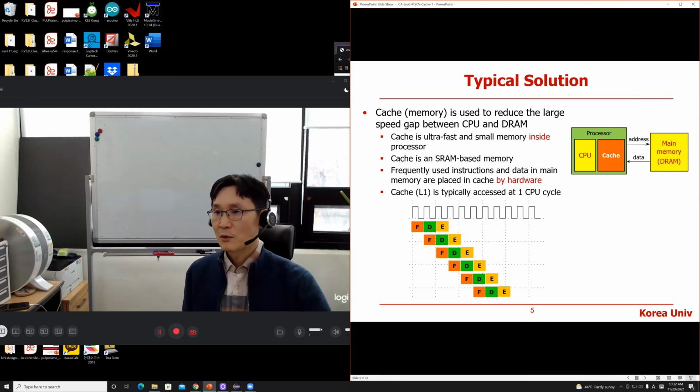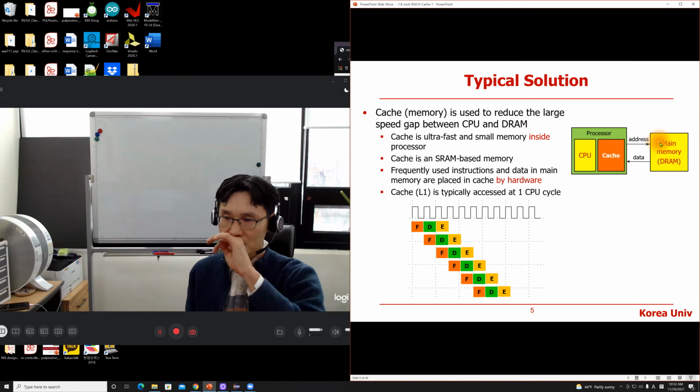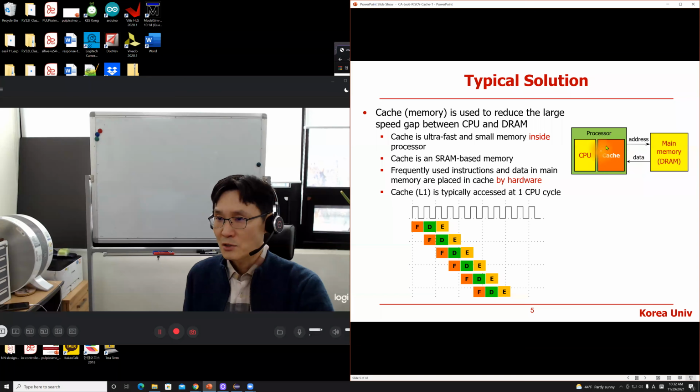Again, when the CPU reads an instruction or accesses data from memory, cache will store that requested information.